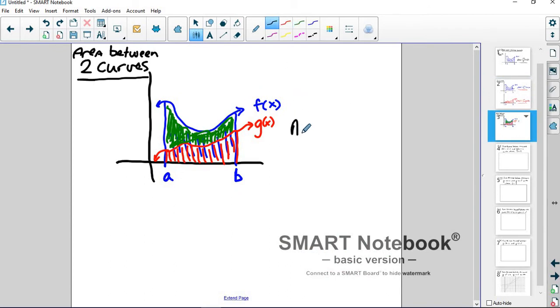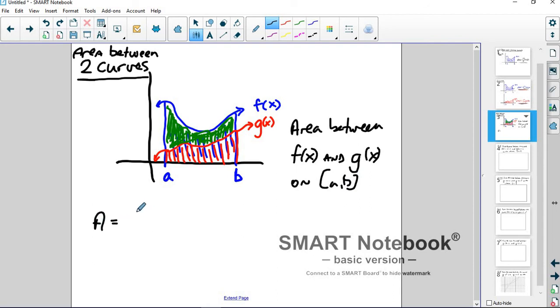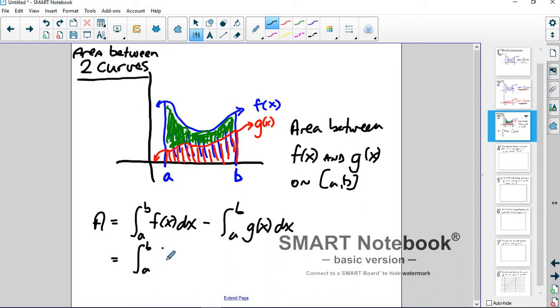So if I want to find the area between f of x and g of x, notice f is on top, and it has to be on this interval from a to b. How do I find that area in between? This area here is just the top area minus the bottom area. And since integrals are linear in nature, meaning you can separate or put together over a plus or a minus, we simply do the integral of f of x minus g of x dx.